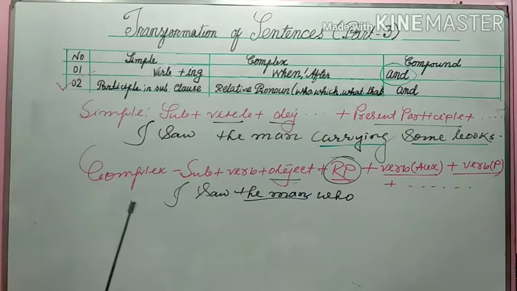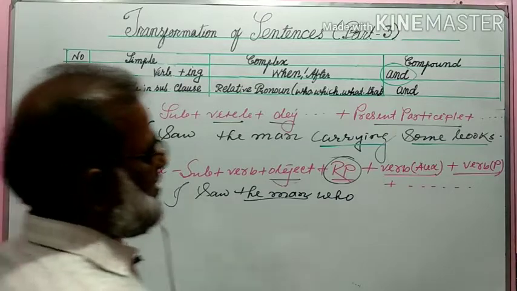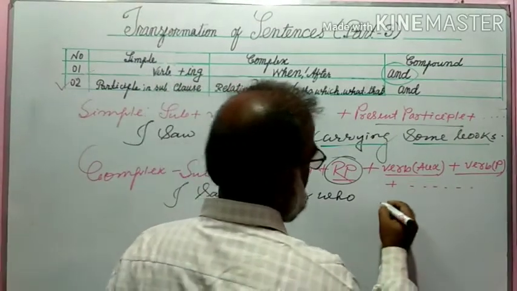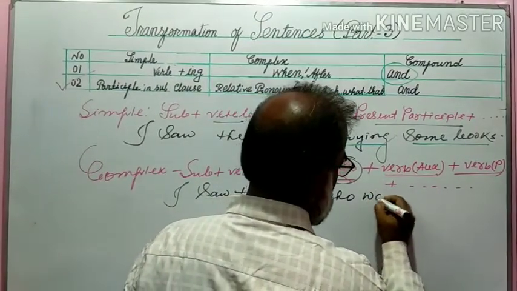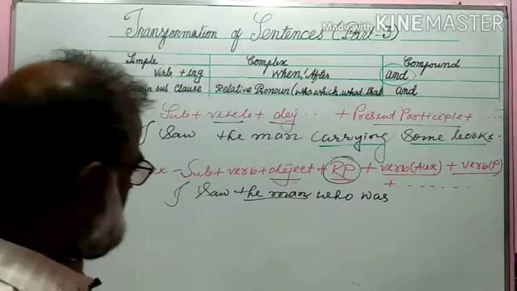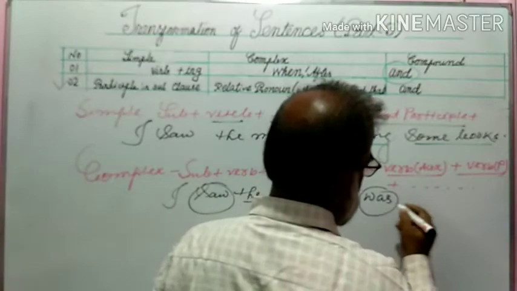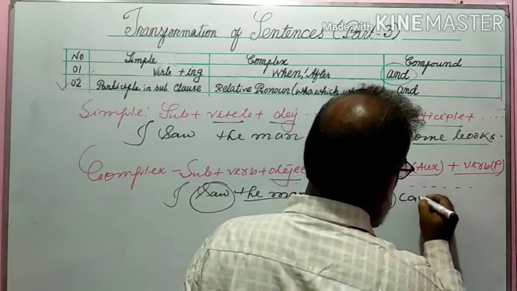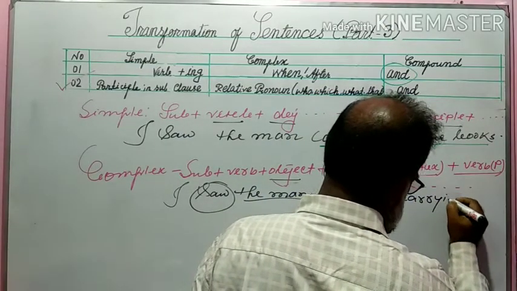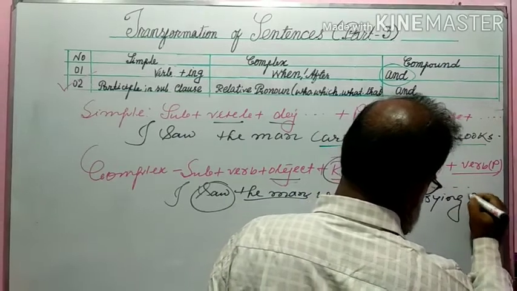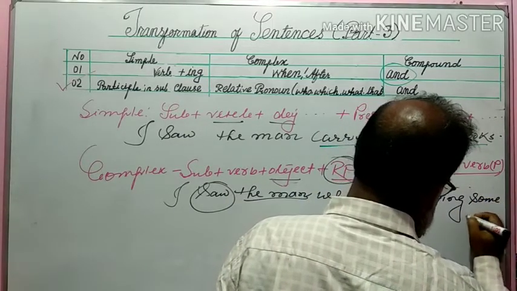You know what is antecedent. Who was, I saw, this is past tense, that is why I use was carrying some books.